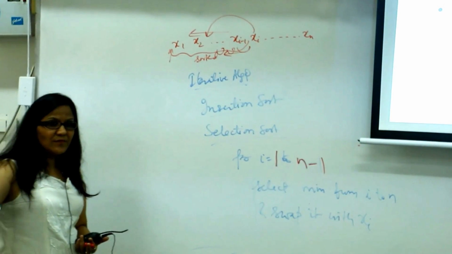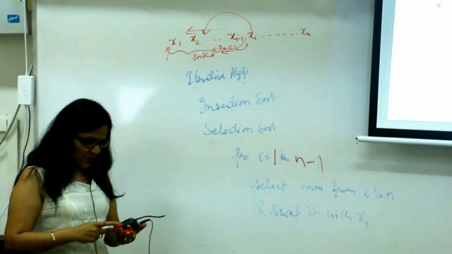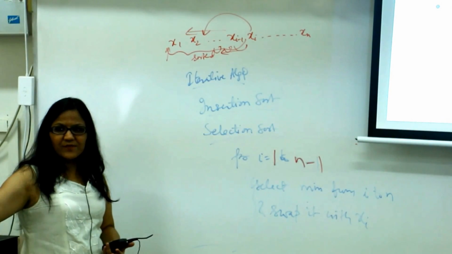Bubble sort. What happens in the ith iteration?